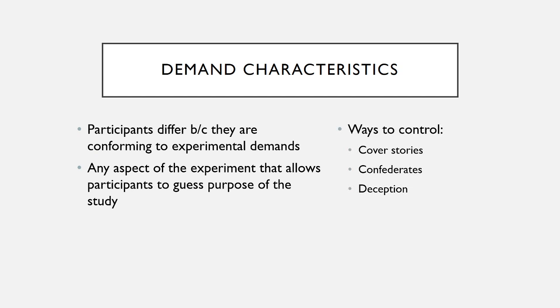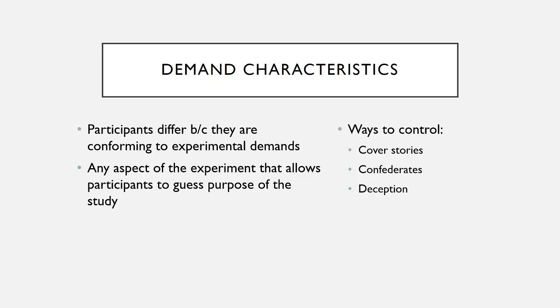So, ways that we try to make sure that demand characteristics don't enter into our conclusions is to somewhat shield the purpose of the study. That includes any cover story where you tell participants something a little bit different from the true purpose of the study, use of confederates or actors within the context of the study, or any slight uses of deception.